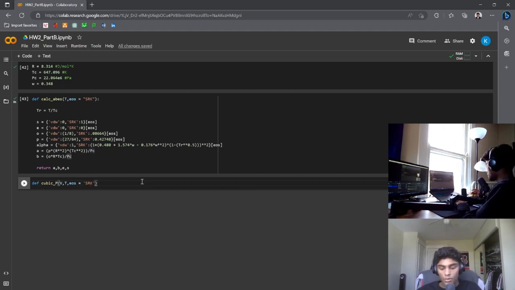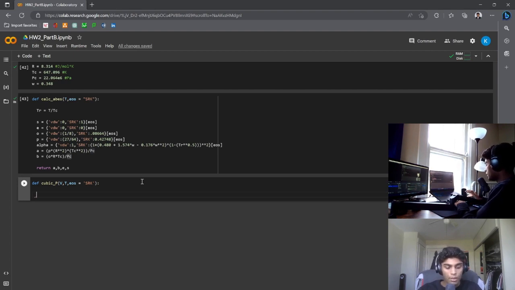And we're going to use those to go ahead and calculate the pressure at a certain temperature. So let's go ahead and call our ABES retrieval function. So A, B, E, and S are going to equal calc ABES with inputs of temperature and EOS.